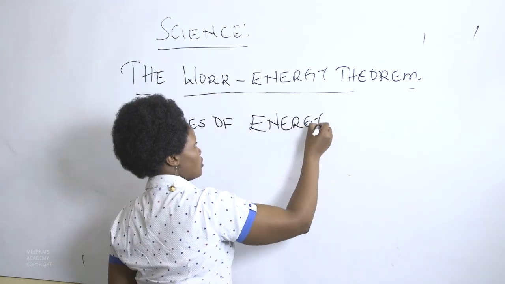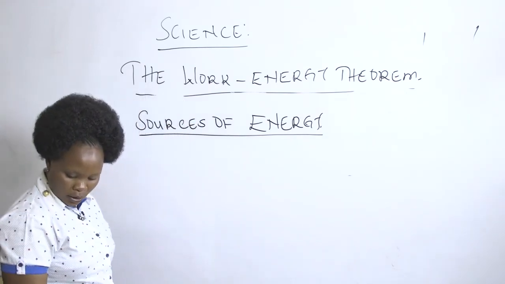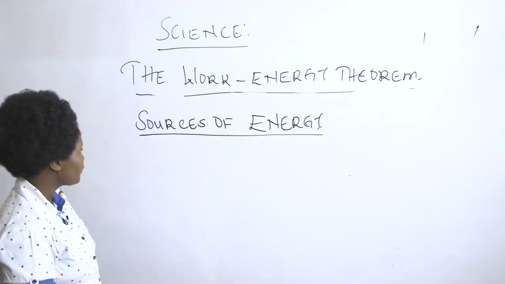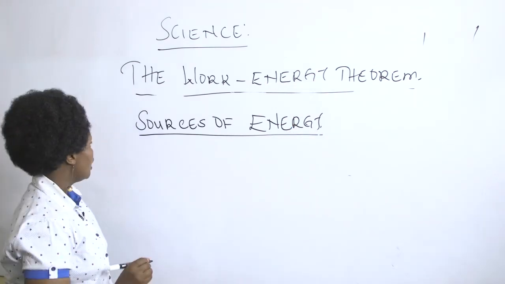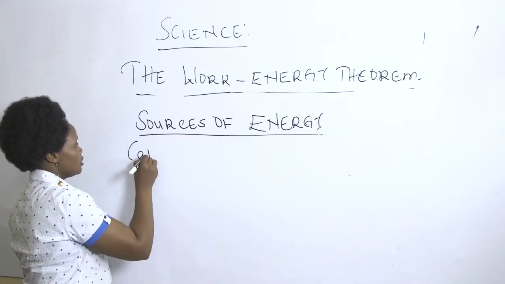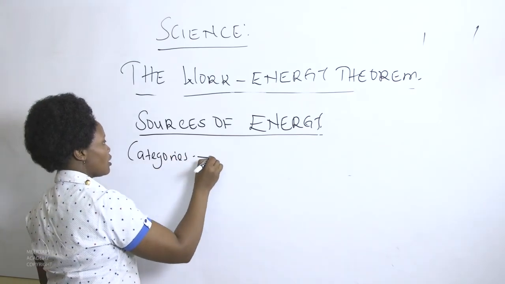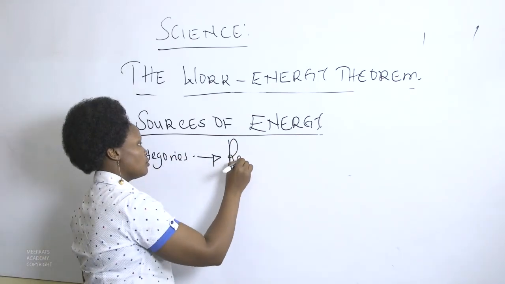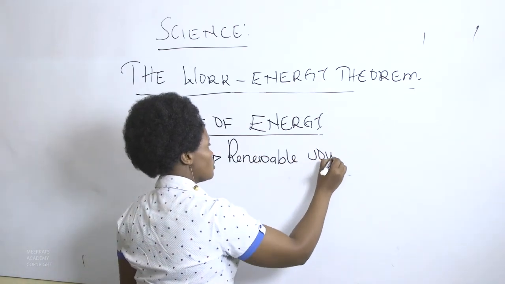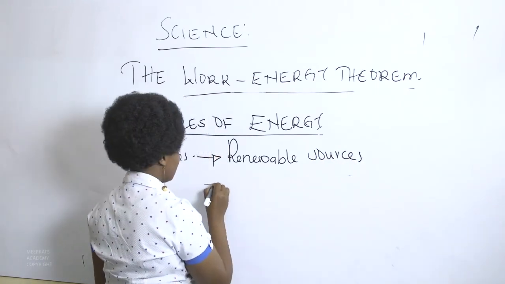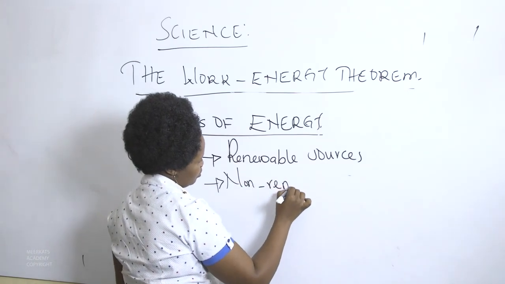This energy that we are talking about has to come from somewhere, and that is why we are interested in the sources that we have, and we categorize them as either renewable sources or non-renewable sources.